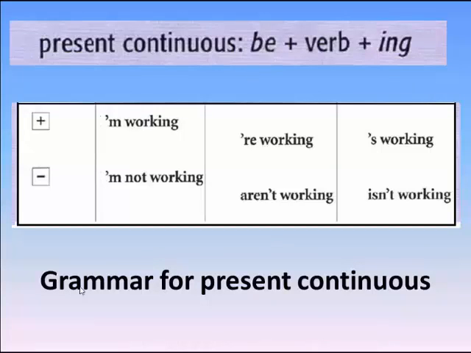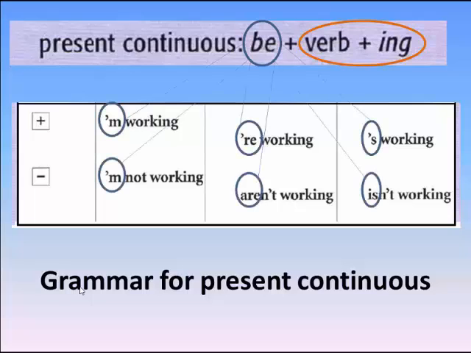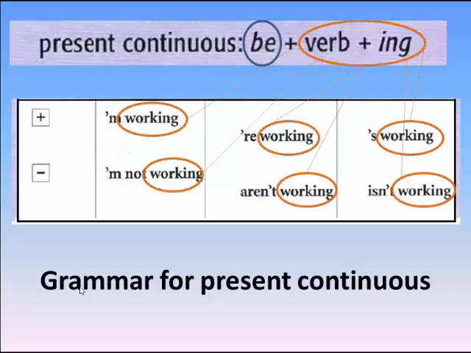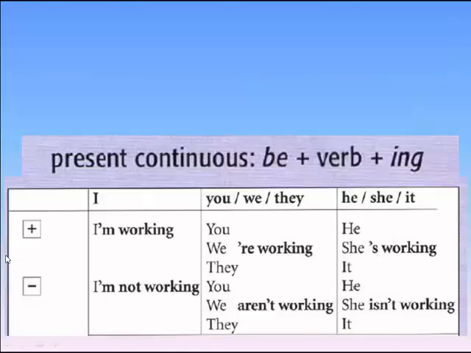Let's see the elements of present continuous. We have a verb to be and a verb that ends in ing. Are these elements here? Yes. Notice that all the examples have the verb to be, and notice that all the verbs have our main verb plus ing.